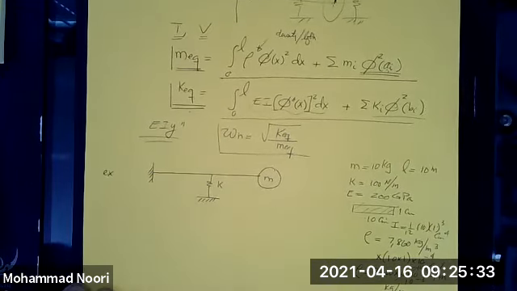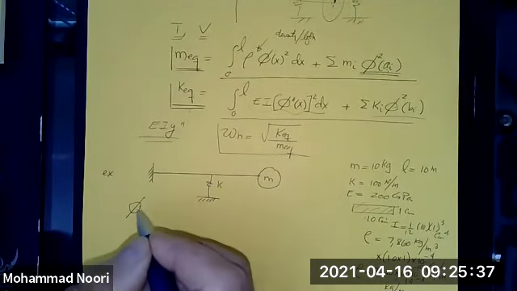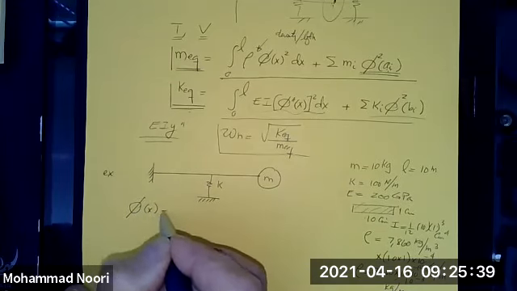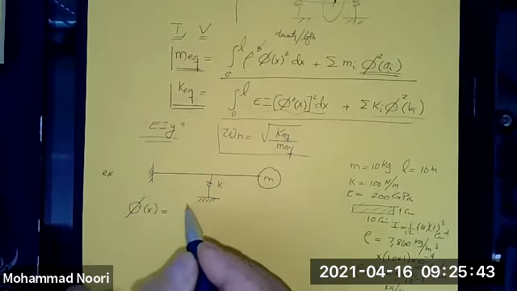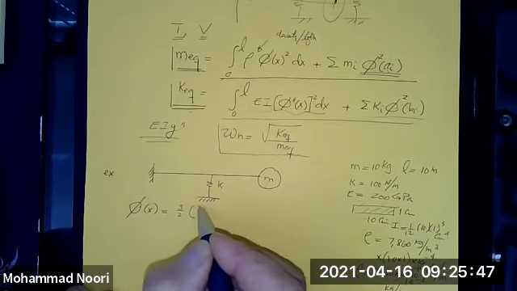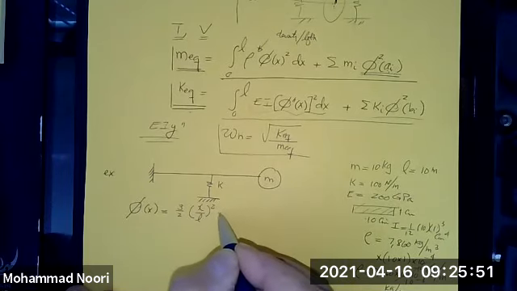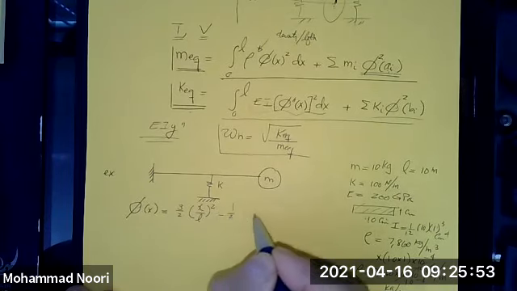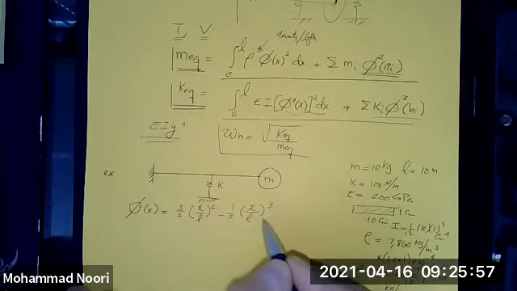So how do you solve the problem? The first step is to identify that shape function, which is what we had done last time. We know for a cantilever beam, this is the displacement function, 1/2 of x over L cubed.